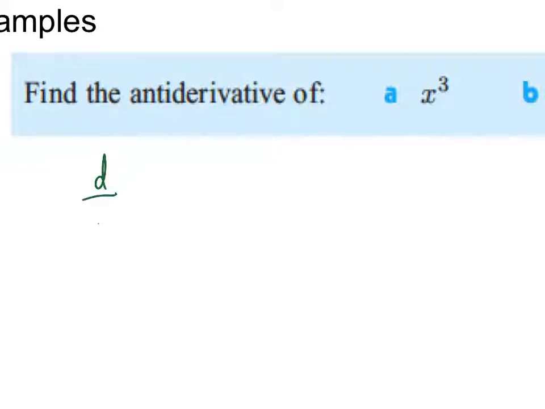The derivative of what equals x cubed? So what are you thinking here? 1/4 x to the 4th. Add 1 and then put it over what's in front? Well, why are you adding 1? Because we want to end up with x cubed.